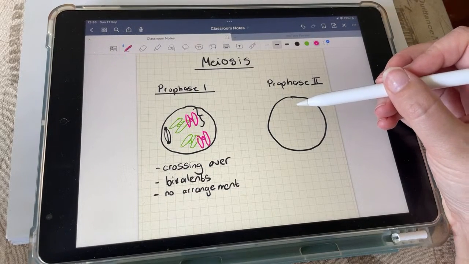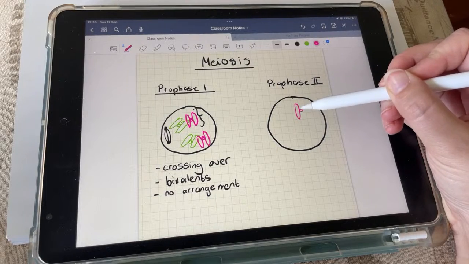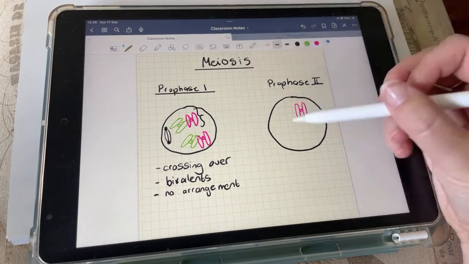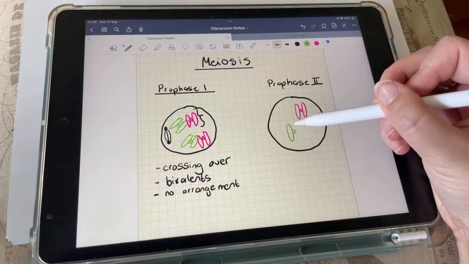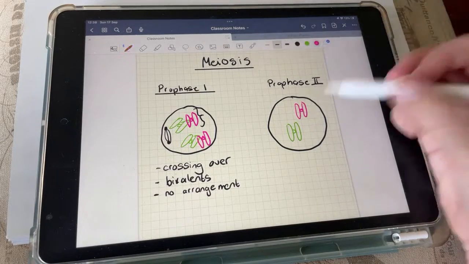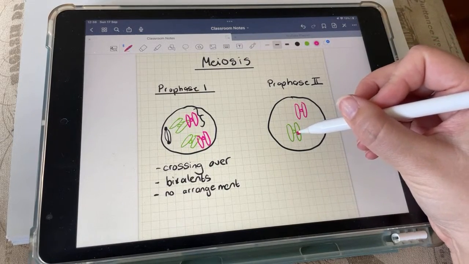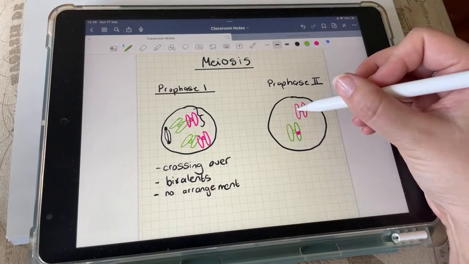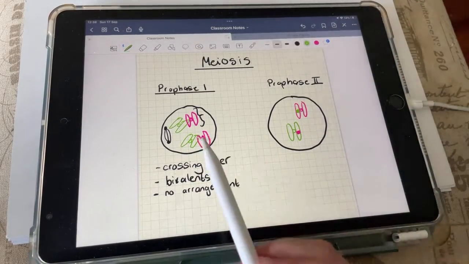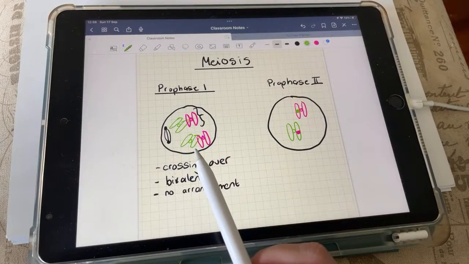The problem is that in prophase 2, we misidentify it being prophase. And I want to show you why prophase 2 gets misidentified all the time. So, number one, before you say to me, ma'am, why didn't you make the green with the green and the pink with the pink?